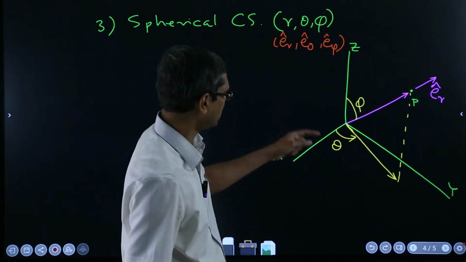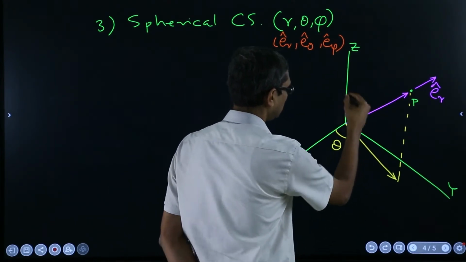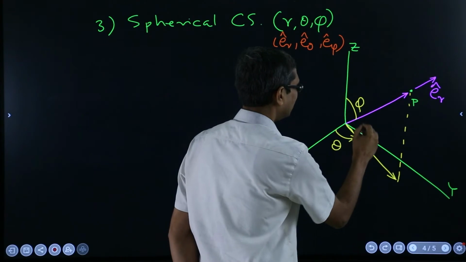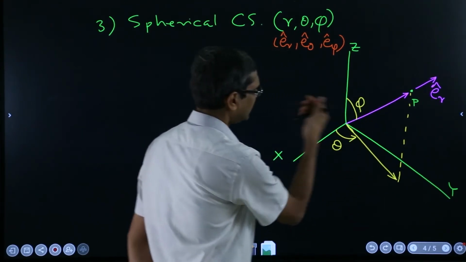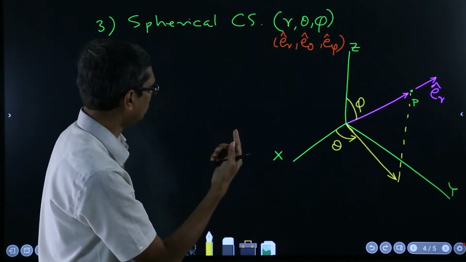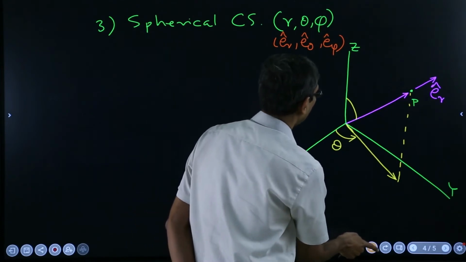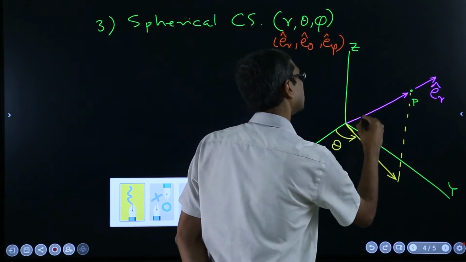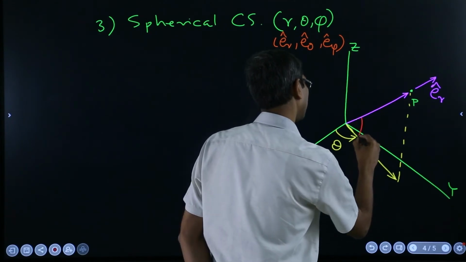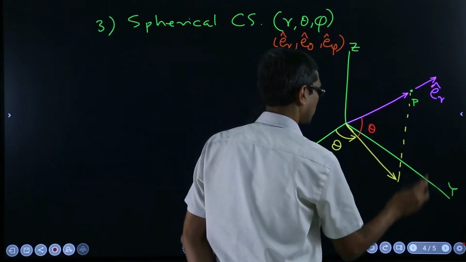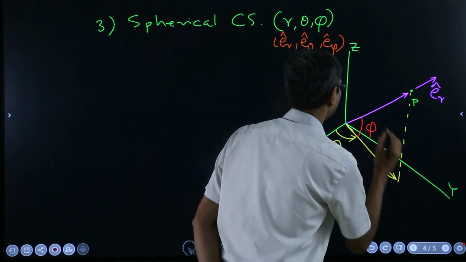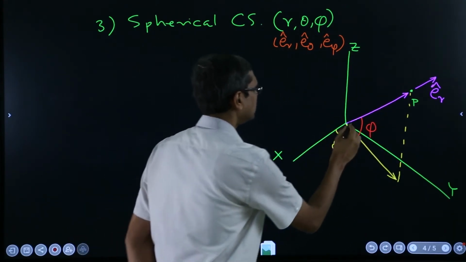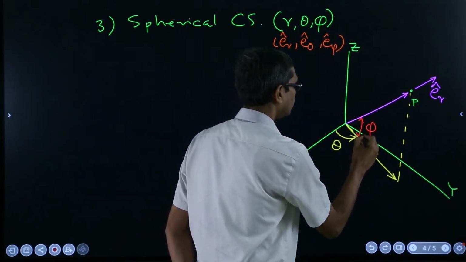There are two conventions, either you can use this as phi or this as phi, it does not matter. So this being phi. You are able to see these two angles.